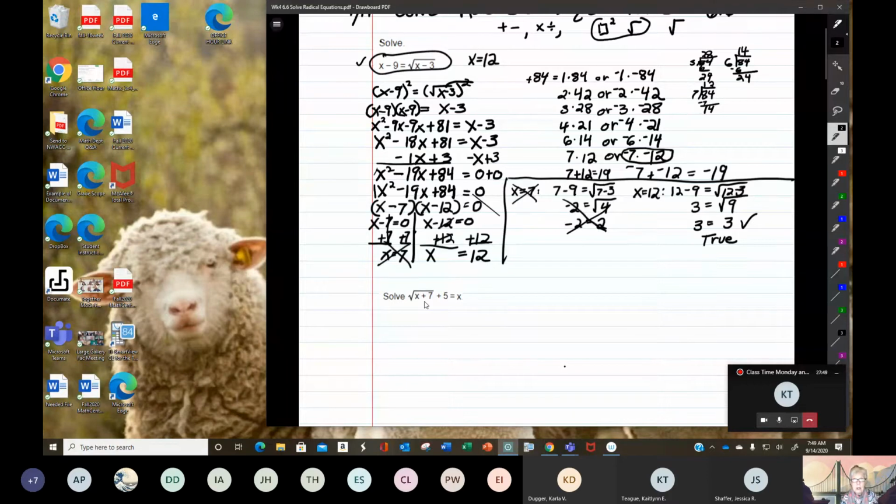That would be very hard to solve and would probably take twice as long as if you were to do something else, and that's isolate your radical. Over here, the radical was already isolated, but over here, it's not isolated. It's on the left-hand side with a +5. The +5 is not under the radical, so we can subtract it off like this.